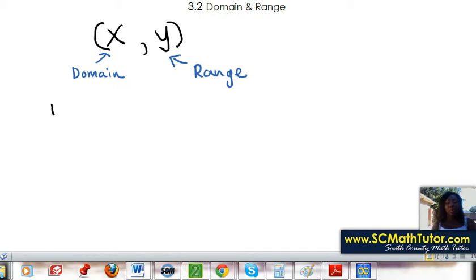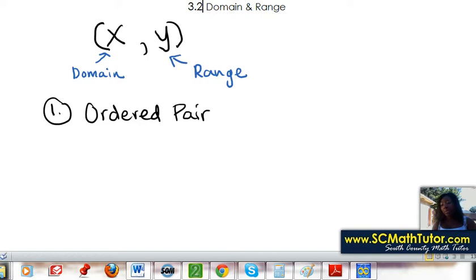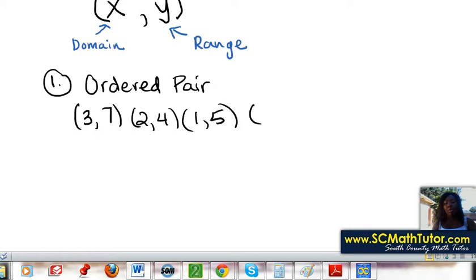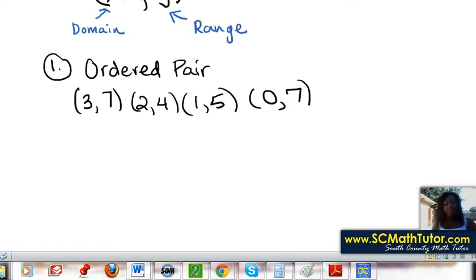The first situation we're going to look at is ordered pairs, or points. When we're given a set of ordered pairs, for example, (3, 7), (2, 4), (1, 5), (0, 7), this is a function because the x values are unique.